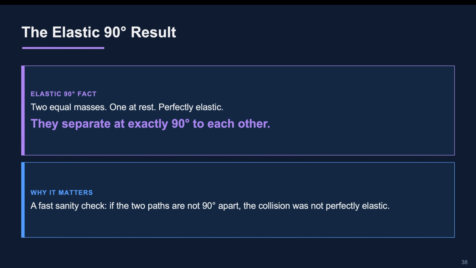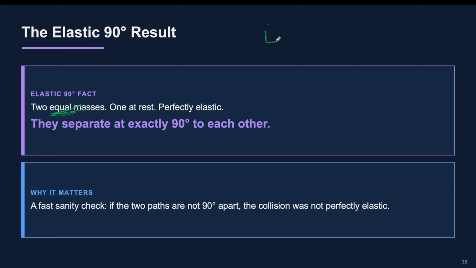Now for elastic masses, there's two equal masses, but if one is at rest, then they separate at exactly 90 degrees to each other, okay? So what that means here is, if the two paths are not 90 degrees apart, the collision was not perfectly elastic. And to explain that, if there's two equal masses and one is at rest.